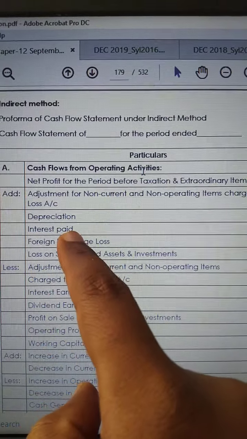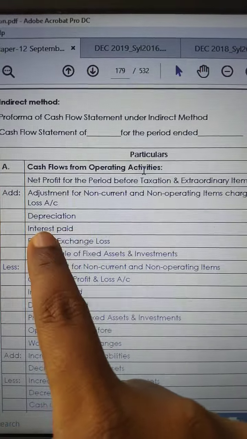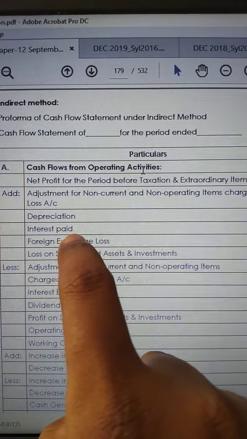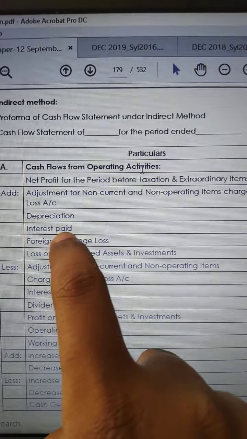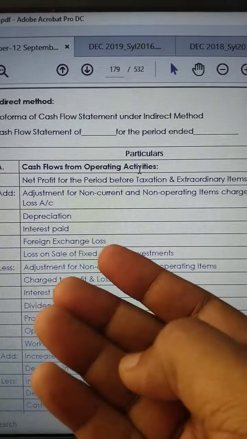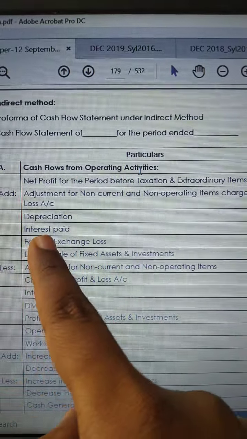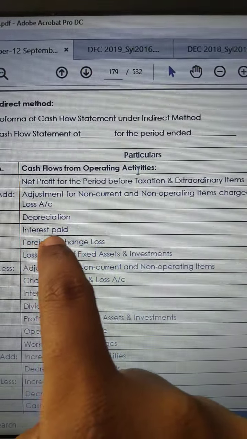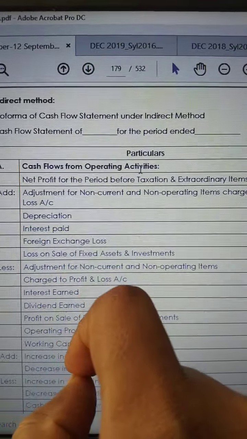Interest paid. It is not interest paid actually, this is interest expenses. Interest expenses is different from interest paid. Interest paid means actually how much you paid, a cash outflow. But in the P&L account, interest paid is not debited. Only interest expenses accrued during the year is debited.